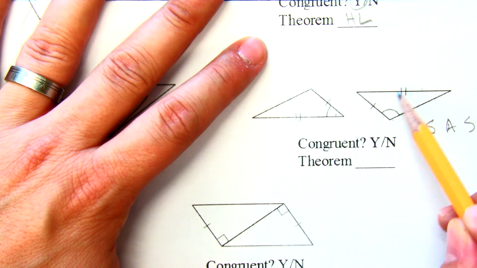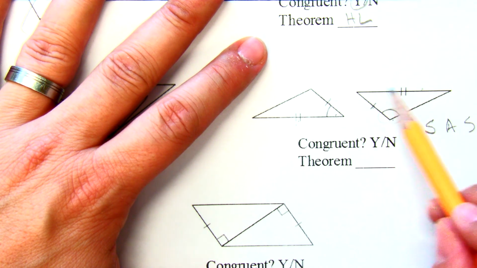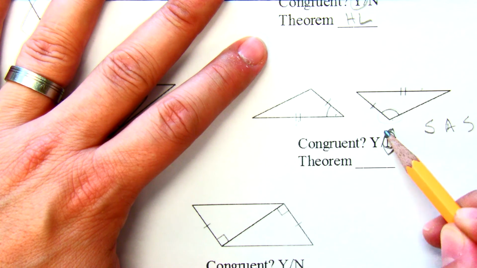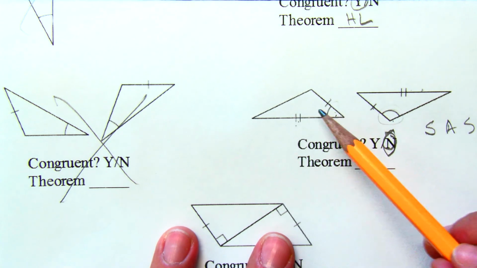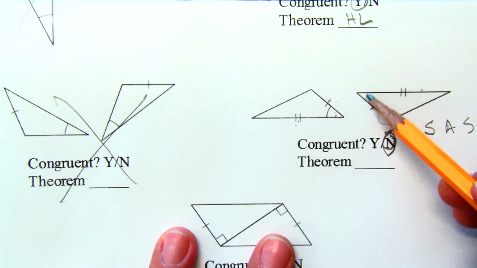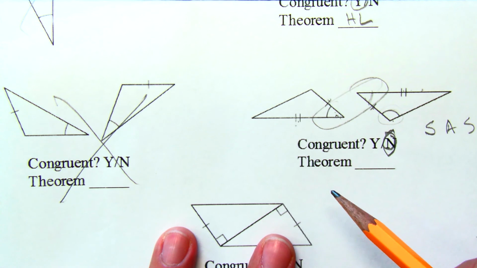Here it goes side, side, angle. They're not in the same order. It doesn't work then. We don't know that they're congruent. They may be congruent. They certainly look congruent. But we don't have enough information here. If we go side, angle, side, then we would have to go side, angle, side here. We'd need to know that this angle and this angle, that those two were congruent.